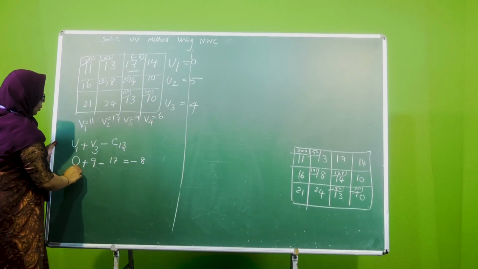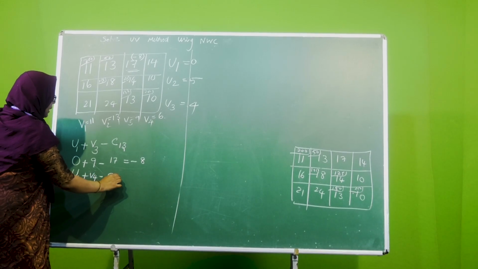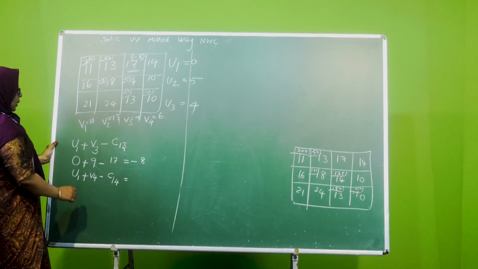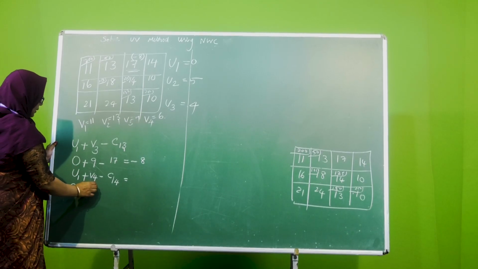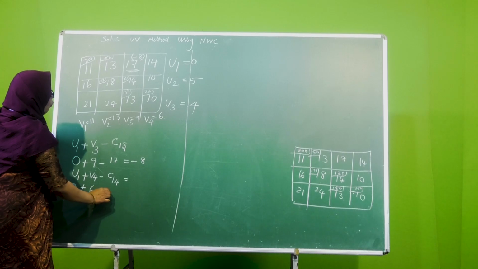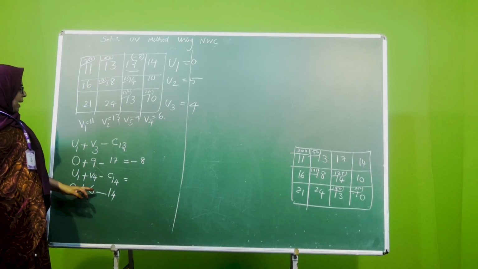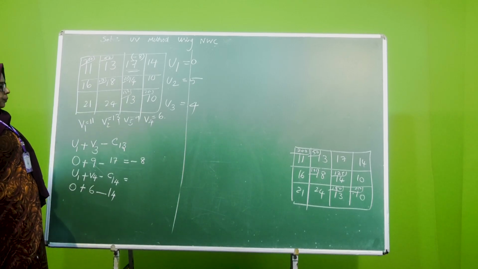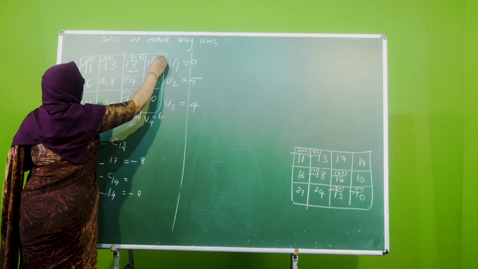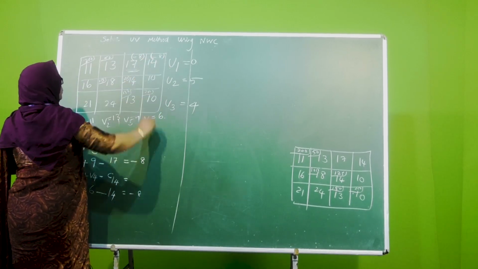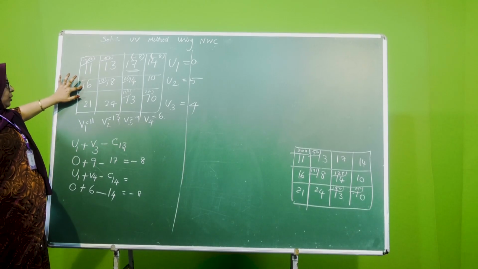Next value, U1 plus V4 minus C14. That is U1 0 plus V4 6 minus C14 14. So 6 minus 14, that is also minus 8. The same value. Okay. Next unallotted value is 16.